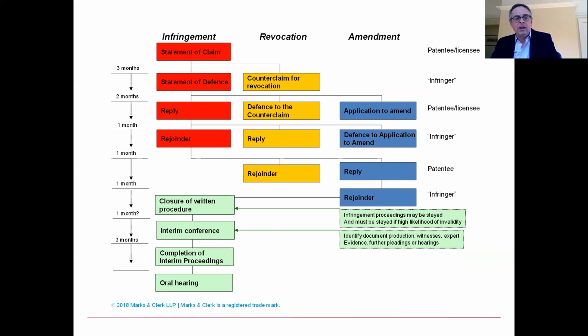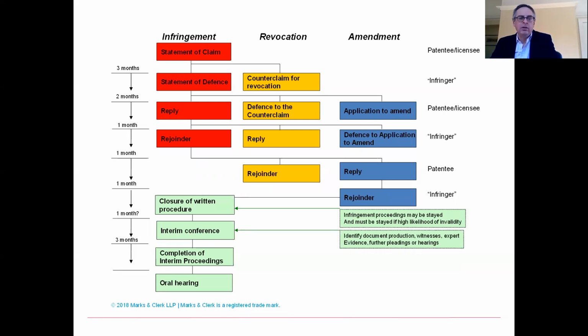Now, for each of these, it is envisaged that the parties on either side will each have two written pleadings. So a claim, a defense, a reply, a rejoinder. And that can happen for, so 4 pleadings for infringement, 4 for revocation, 4 for amendment.